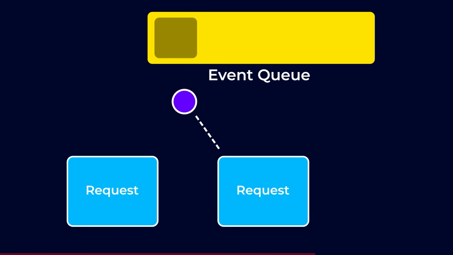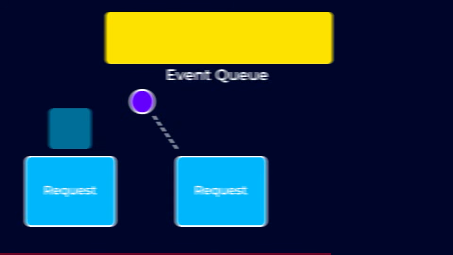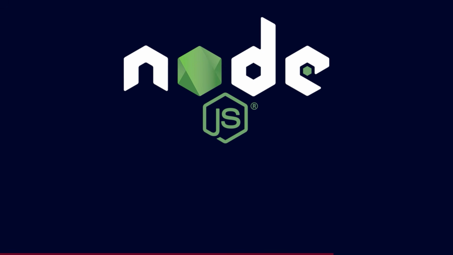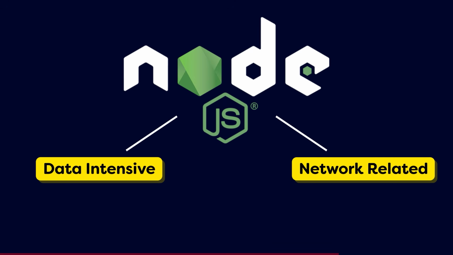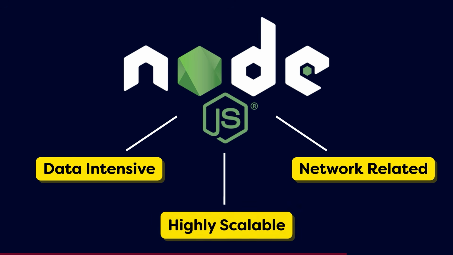This event queue will notify Node when it gets data from the database, and then Node will send that data to the request. So in this way, our single thread can serve multiple users, and that's why Node.js is a great option for data-intensive or network-related applications. We can serve more clients without adding more servers, and that's why Node applications are also highly scalable.